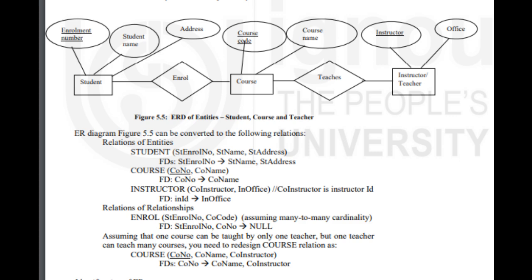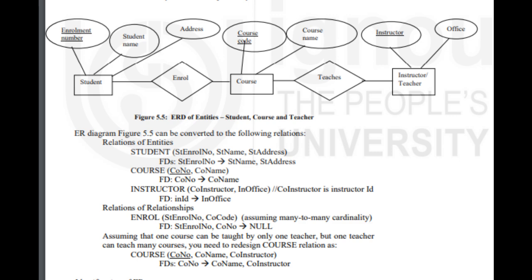An FD is said to exist between two sets of attributes X to Y if the following holds in A: if T1[X] is equal to T2[X], then T1[Y] is equal to T2[Y] must be true. It means that if tuple T1 and tuple T2 have the same values for attributes X, then to hold X→Y on A, T1 and T2 must have the same values for attributes Y also.